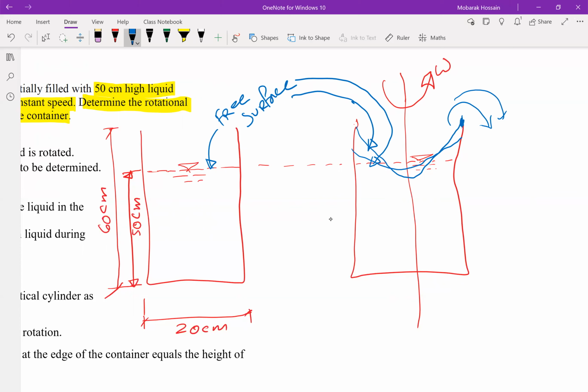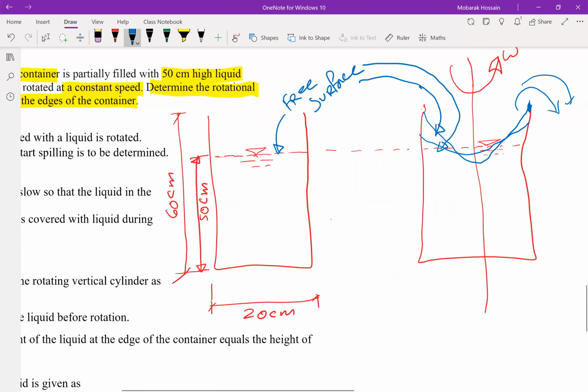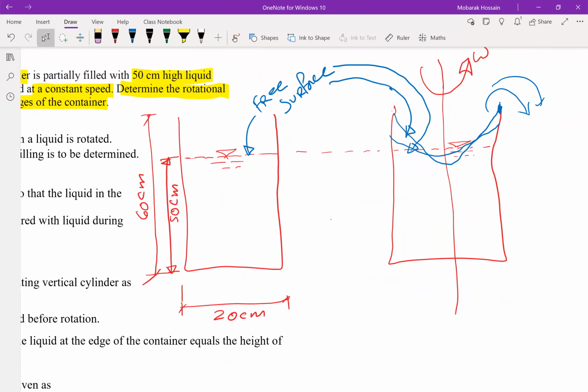Now, based on the question, there is a formula so we can find out this free surface position from the bottom. Say we consider the origin at the center of the bottom of your cylinder.